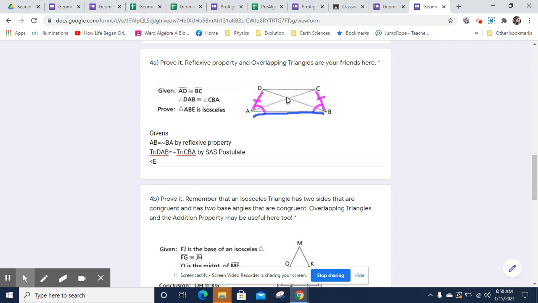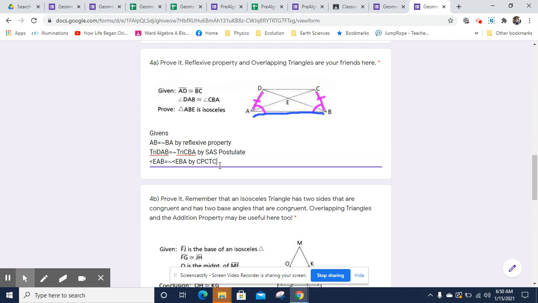Yay! So now we have angle EAB, as I was saying, EAB is congruent to angle EBA by CPCTC, because these angles are the small angles of these overlapping triangles, which have been proven to be congruent.